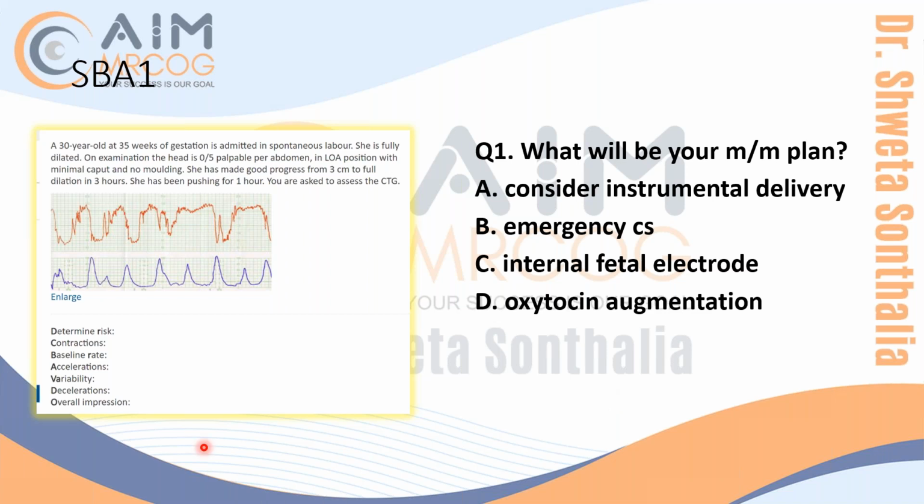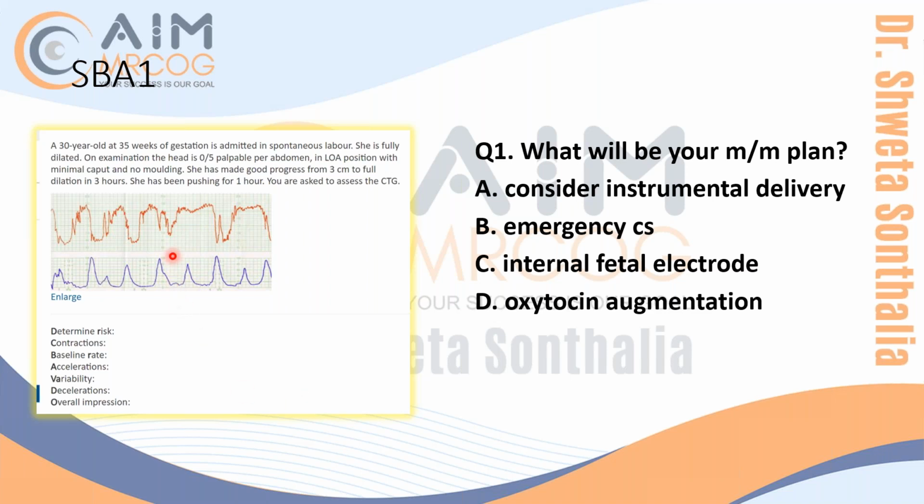Okay, so you have to follow this. Determine risk. 30 year, 35 weeks, so she's preterm. Very good. And contractions, 1, 2, 3, she has 3 contractions. And baseline rate, I have to make it bigger because it's very difficult to see the numbers. You know, this is the CTG they give you in exam.